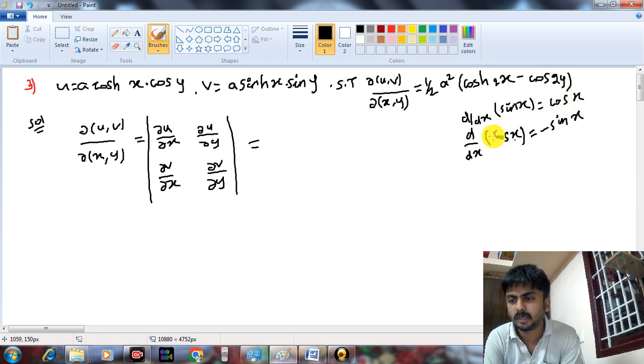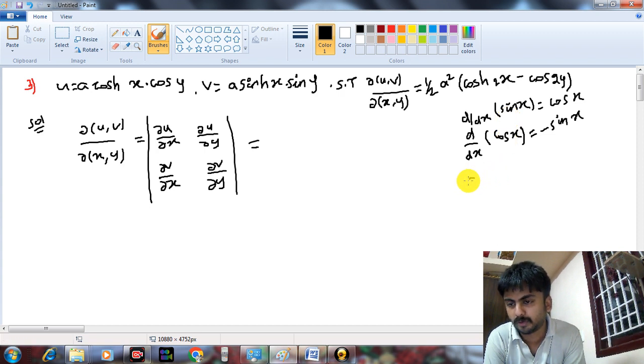But this is for ordinary trigonometric formulas, sin x and cos x, so these are cyclic functions. Now we are going to find for hyperbolic functions.